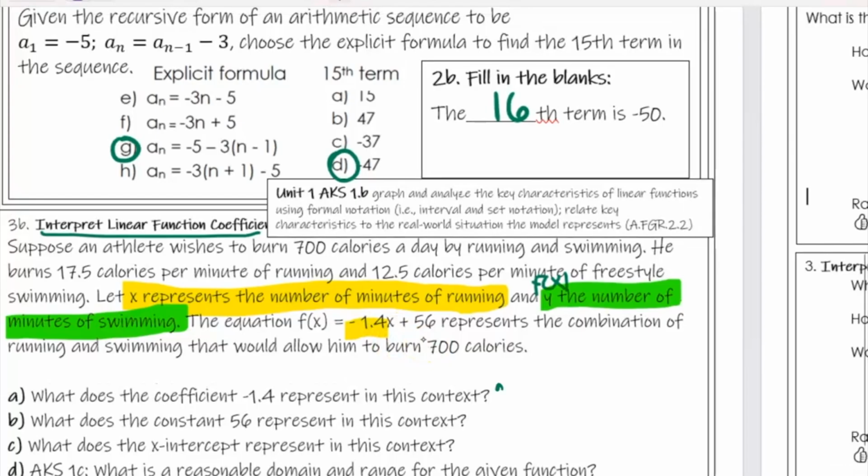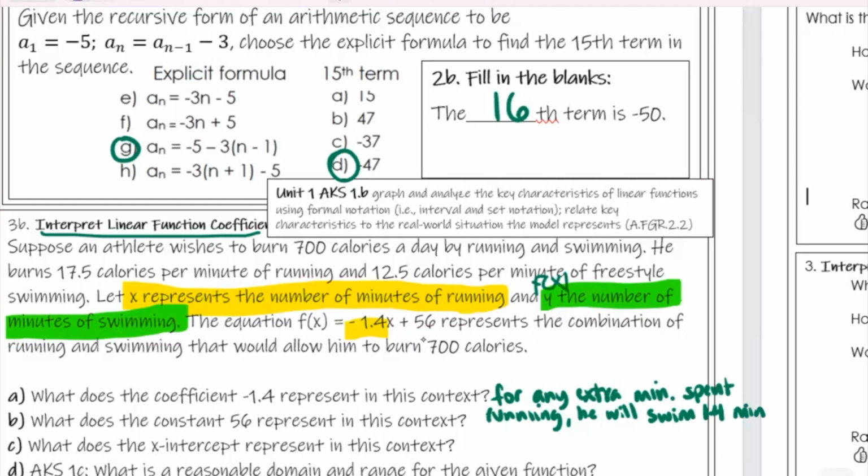For any extra minute spent running, he will swim 1.4 minutes less in order to burn 700 calories.